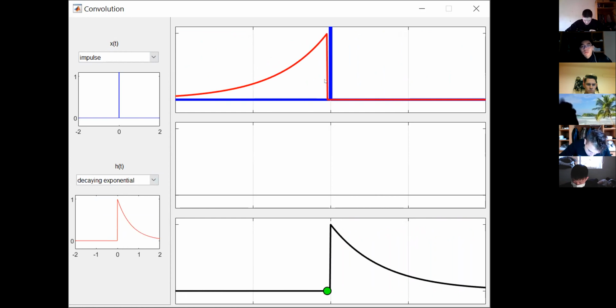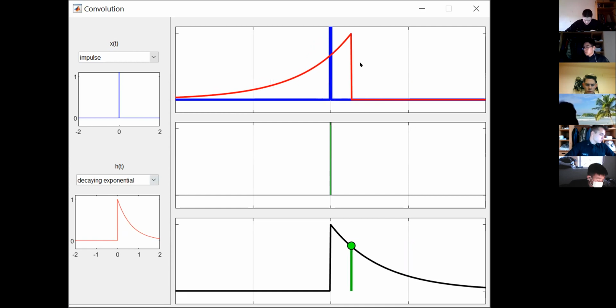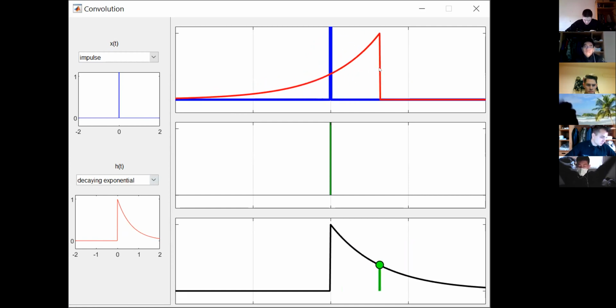But the moment our time is slightly greater than 0, remember what we did is we took this impulse, we flipped it around 0 to find our red, and now to find out what our y of, say, t equals 1/2 is, we shift it off to the right by 1/2. And now we're still left with this impulse, but its area is this area of 1 times the red scalar of wherever it happens to cross. This looks like a little less than 1/2. And so our output will be a little bit less than 1/2.